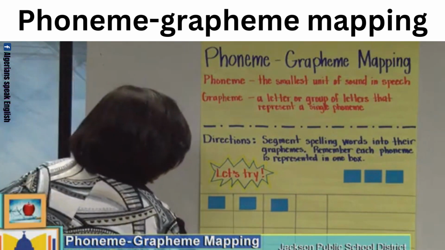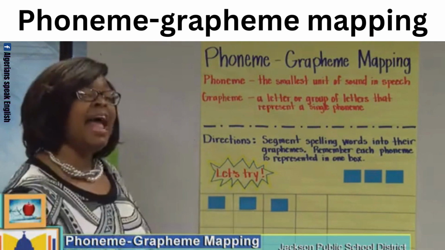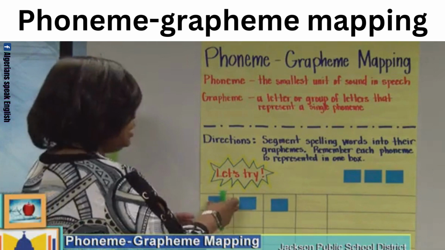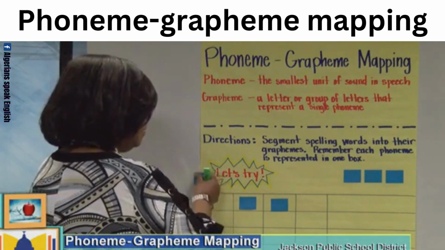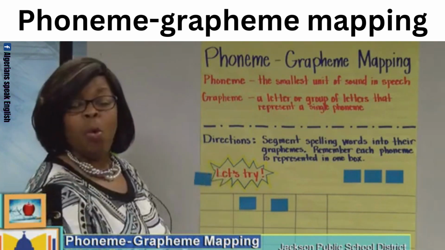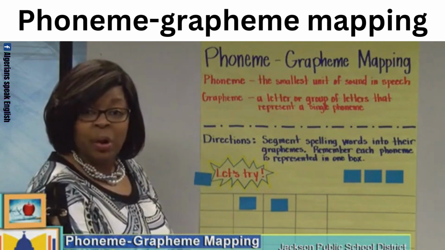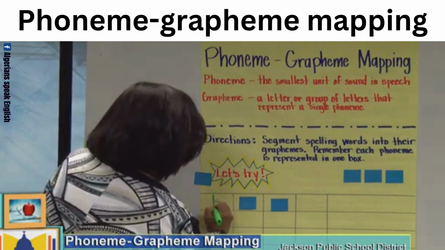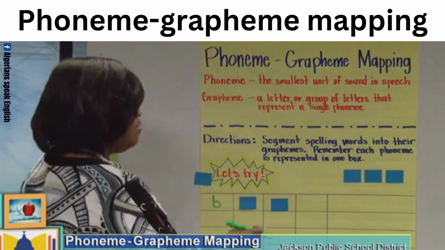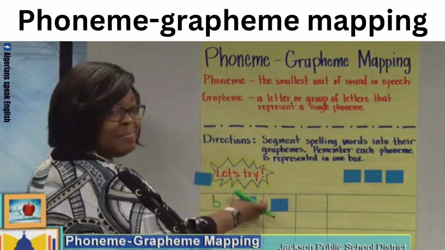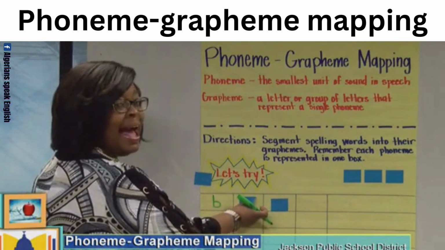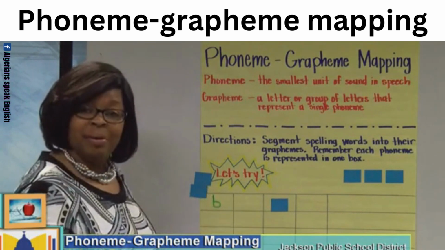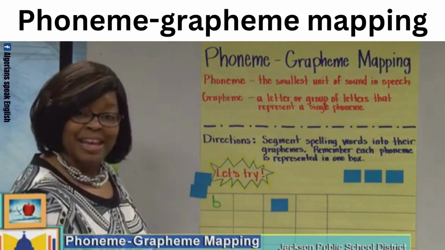So, the first sound we heard was B. And which phoneme, or grapheme I should say, which grapheme represents that phoneme for B? Yes, the letter B. The next sound or phoneme in bat was A. Which grapheme represents that sound or phoneme?